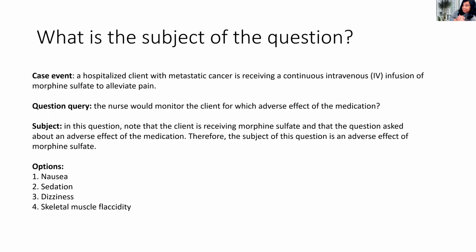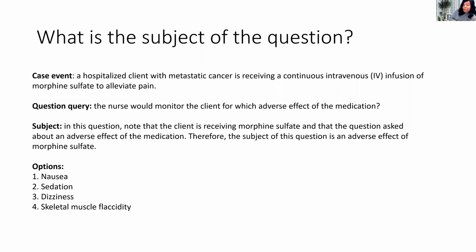So there's a case event. There's a hospitalized client with metastatic cancer. They're receiving continuous IV infusion of morphine to help alleviate pain. Part of the question query when we're looking at this: the nurse would monitor the client for which adverse effect of the medication. Let's look at the subject.